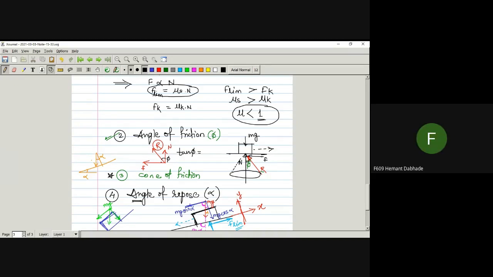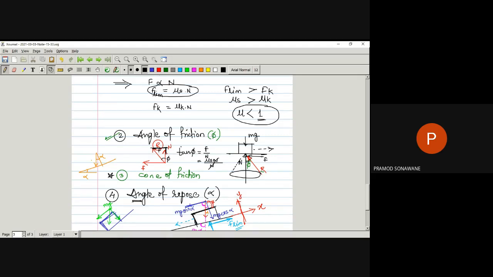If I draw the frictional force here, this is my normal, this is my frictional force. So can you tell me what will be this phi? Opposite by adjacent? It will be f by n. Correct? Which is mu. Okay. So f is nothing but mu s into N, divided by N. So N will get cancelled.